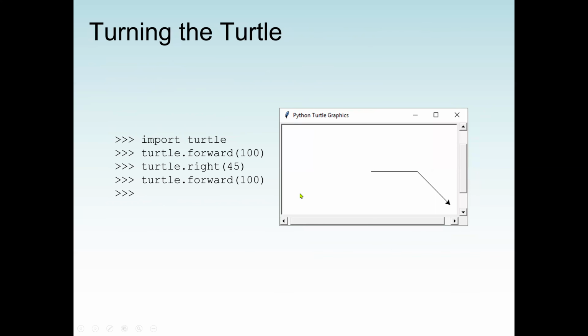Then next, we have another one. We still have our forward 100, the second statement, which gives us the horizontal line. But this time we are doing right 45. So we can see we go down by 45 degrees, because from here to down is 45 degrees. 90 degrees would be vertical down. Then the distance again is 100, so forward 100.